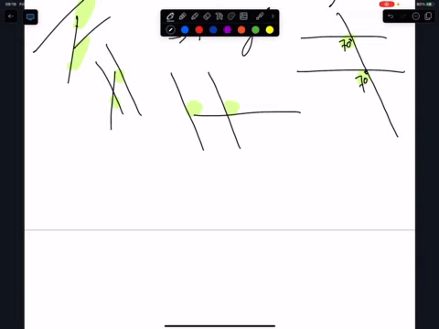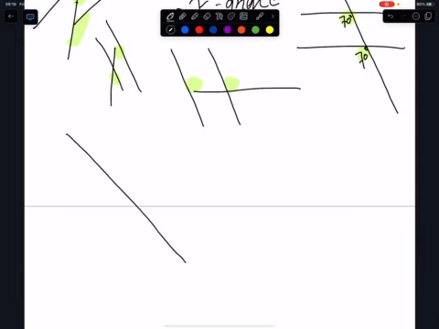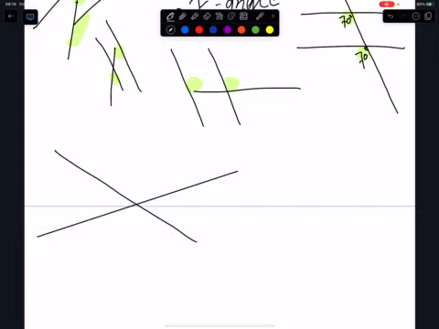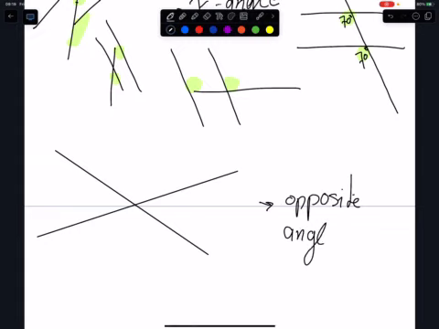And the last but not least, let me make it different. Is the opposing angles, opposite angles. Opposite angles state that these two angles are the same.